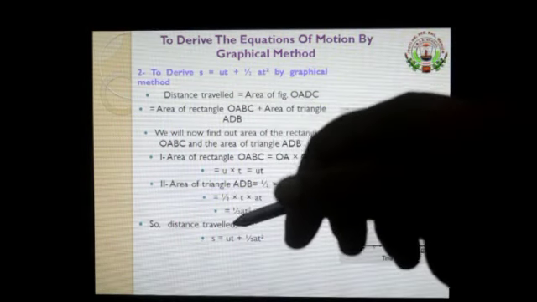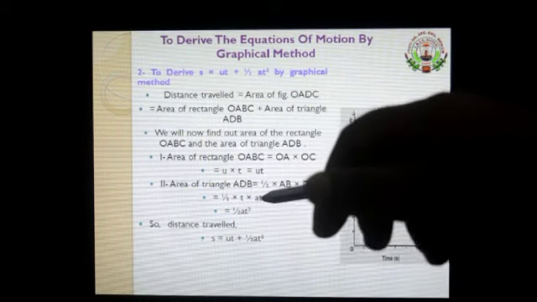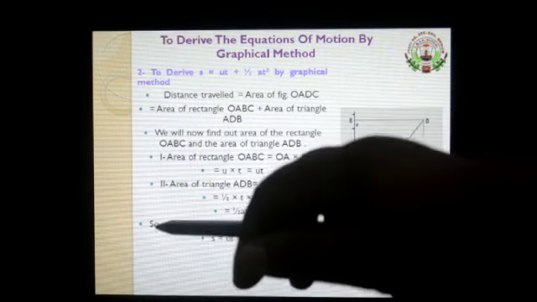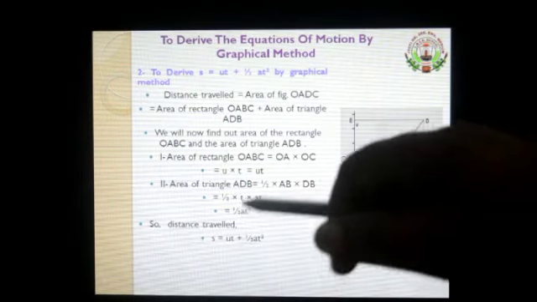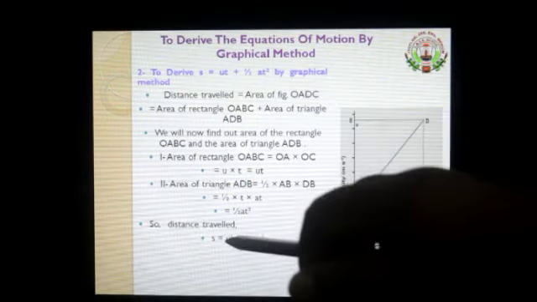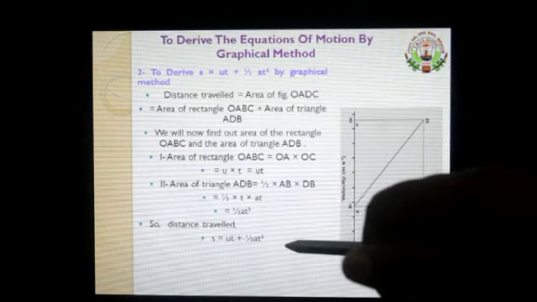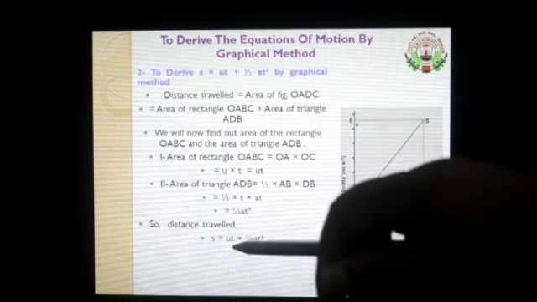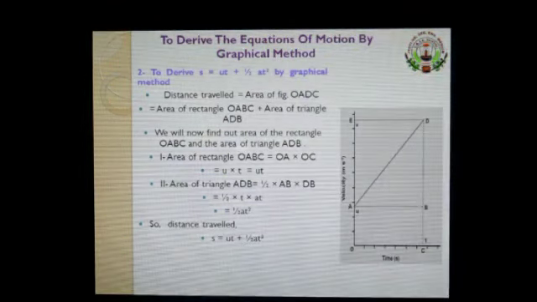So that is equal to half into a into t², since t into t means t squared. So the distance travelled s is equal to the area of rectangle, that is ut, plus the area of triangle, which is half at squared. So s is equal to ut plus half at². That is our second equation of motion.